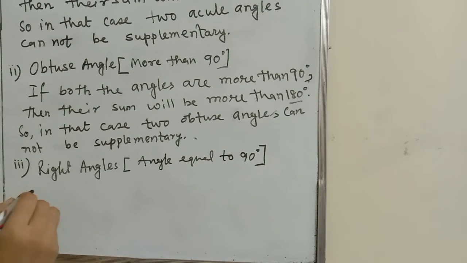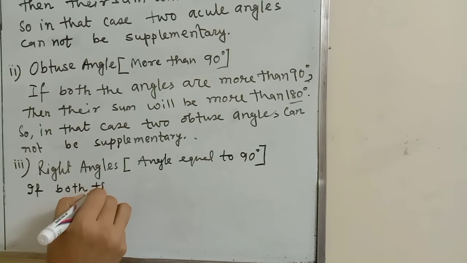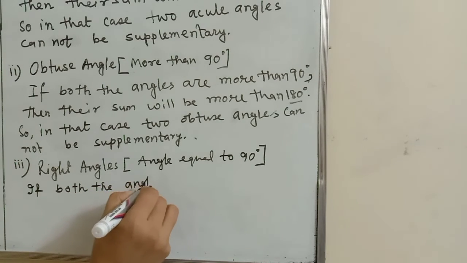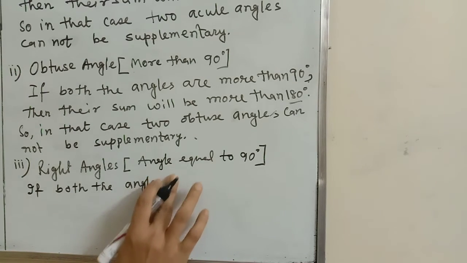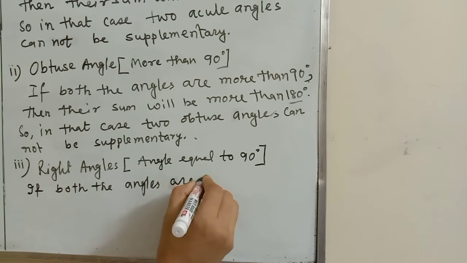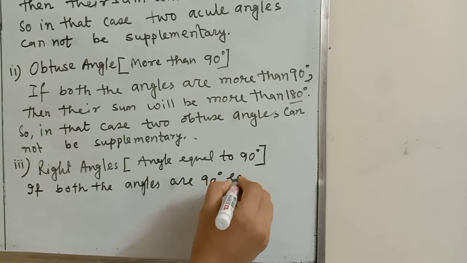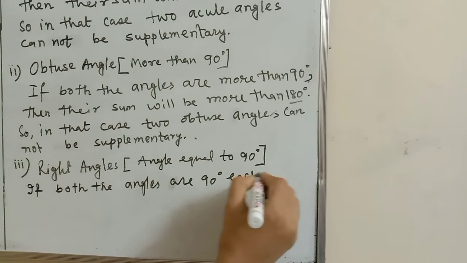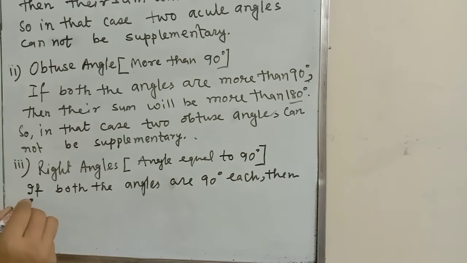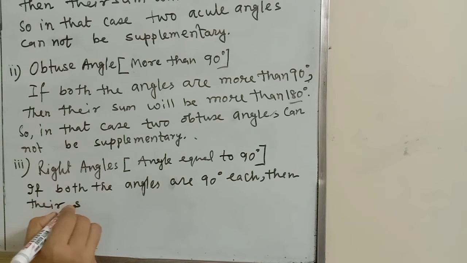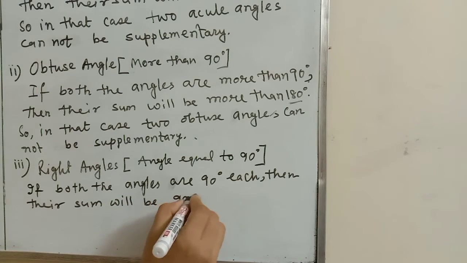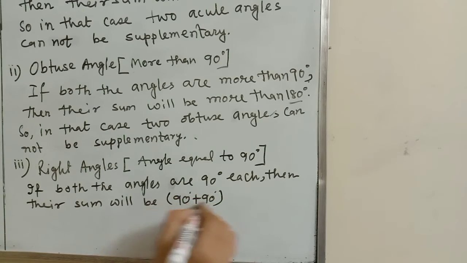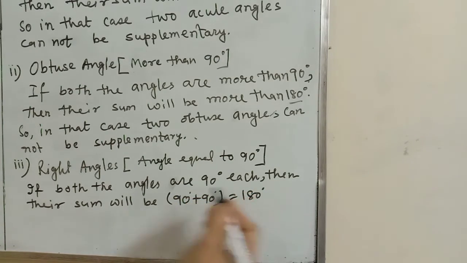So in that case only, if both the angles are 90 degrees each, their sum will be exactly 180 degrees.